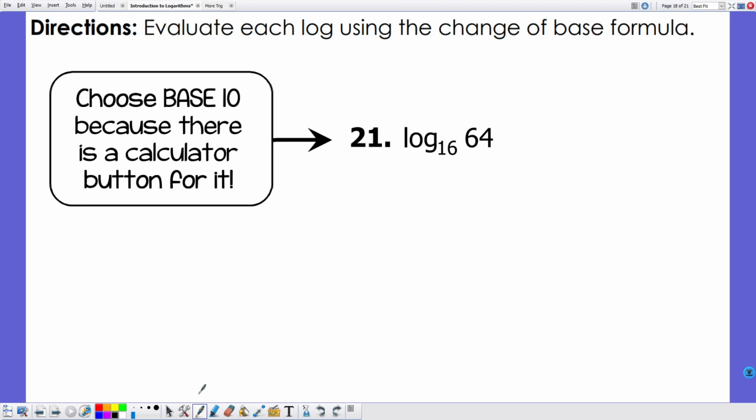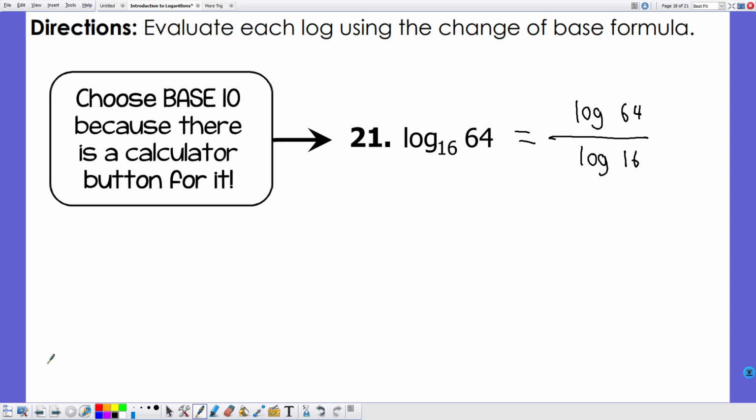Choose base 10, because there's an easy way to solve it for base 10. So this is equal to log of 64 over log of 16.